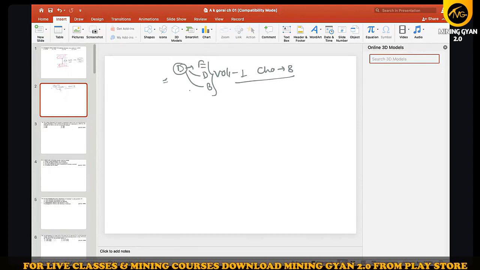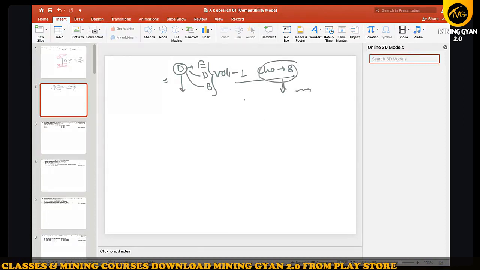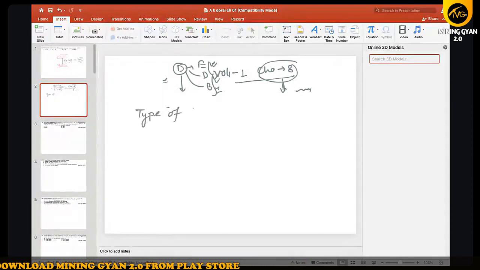So watch D.J. Deshmukh volume 1 chapter 8, otherwise read by yourself, and you will get basic information about explosives, drilling, blasting. Okay, so types of coal seam, I am taking this chapter.